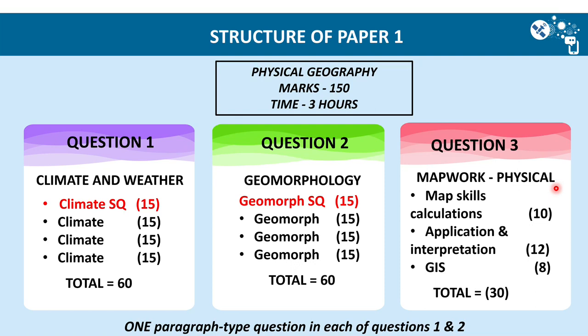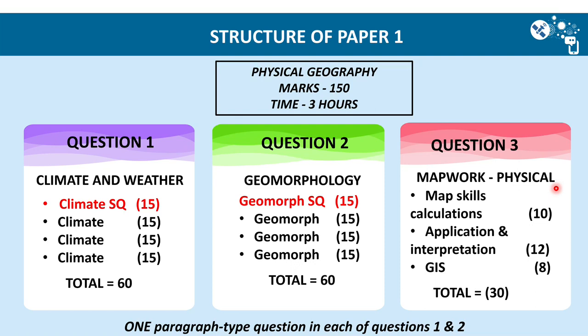We will have a look at these short questions immediately after this, but these are your one-word answers, match the columns, etc. 15 marks worth of that. Then there will be 3 questions that will be based on either a diagram or a graph or an infographic, etc., worth 15 marks each on a different subtopic of climate.